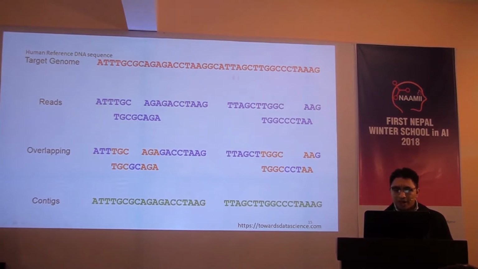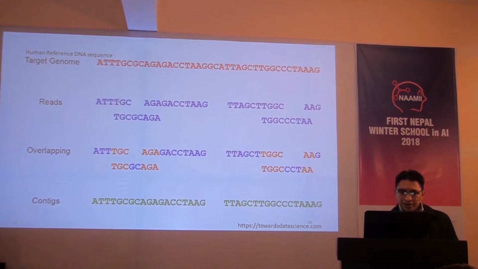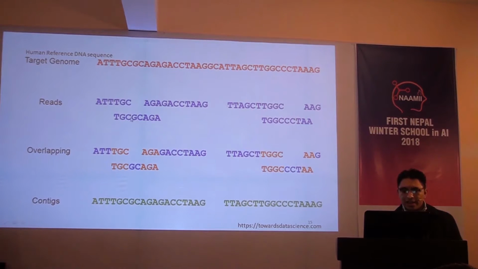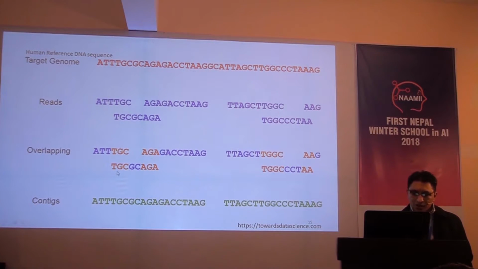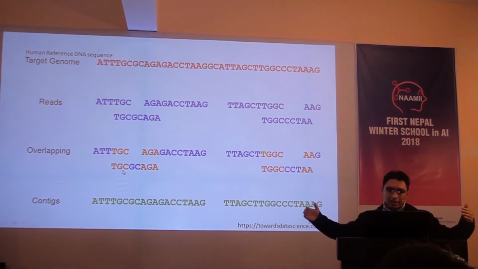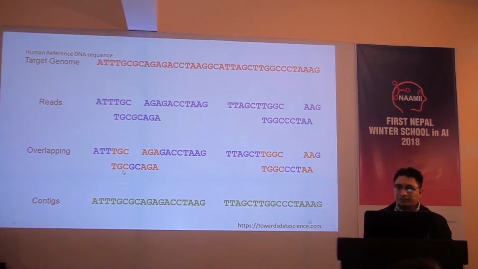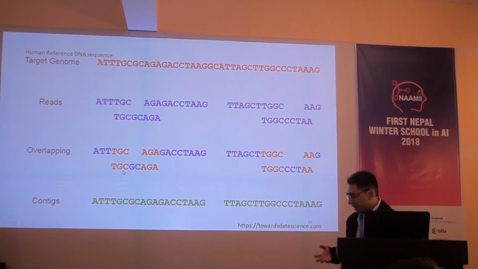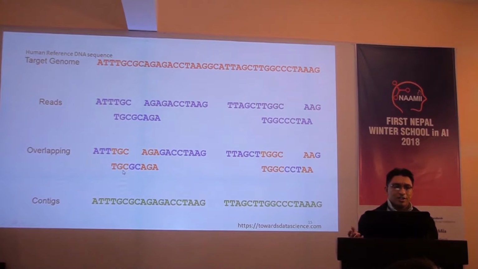We can align at which positions, and you can see here another read which shares some fragment T, C, G, and then we can stitch together these overlapping fragments, and go on stitching together to form a long chain of DNA. So this is what DNA sequencing is all about.